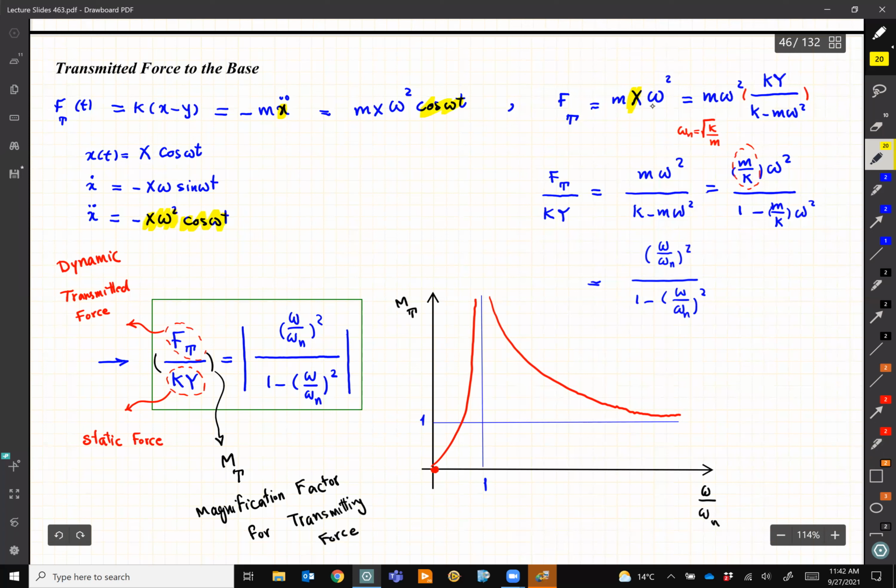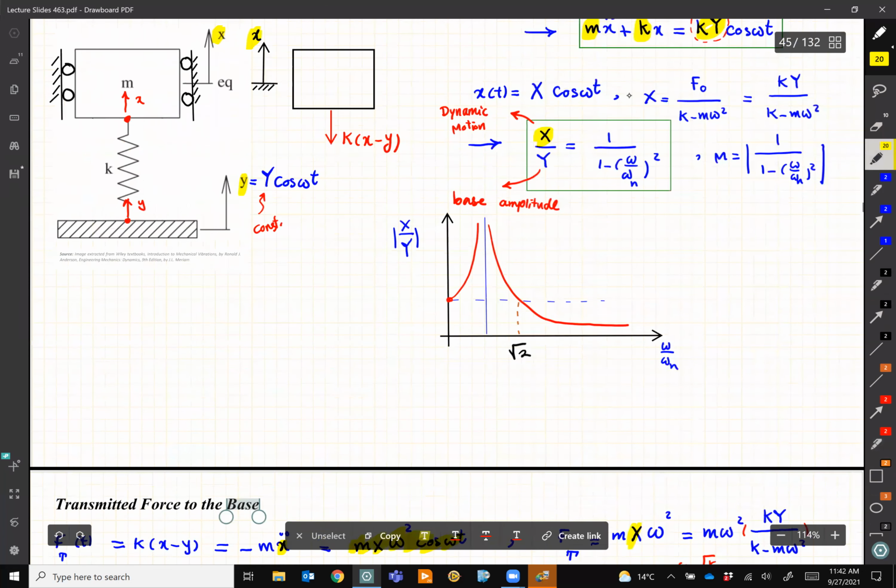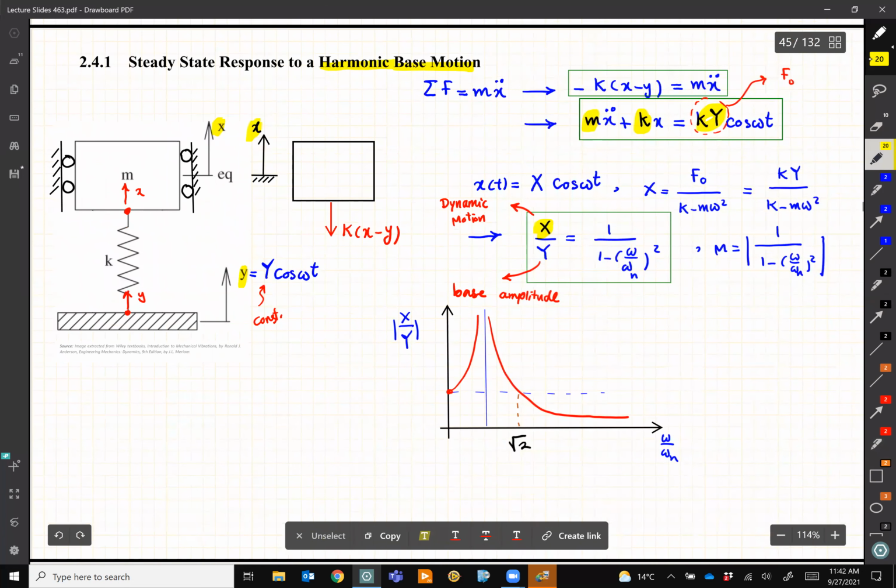So far, you're good up to this point? So this x, we calculated. If I go one slide back, this is the x that we calculated. So this x is equal to k y over k minus m omega squared.